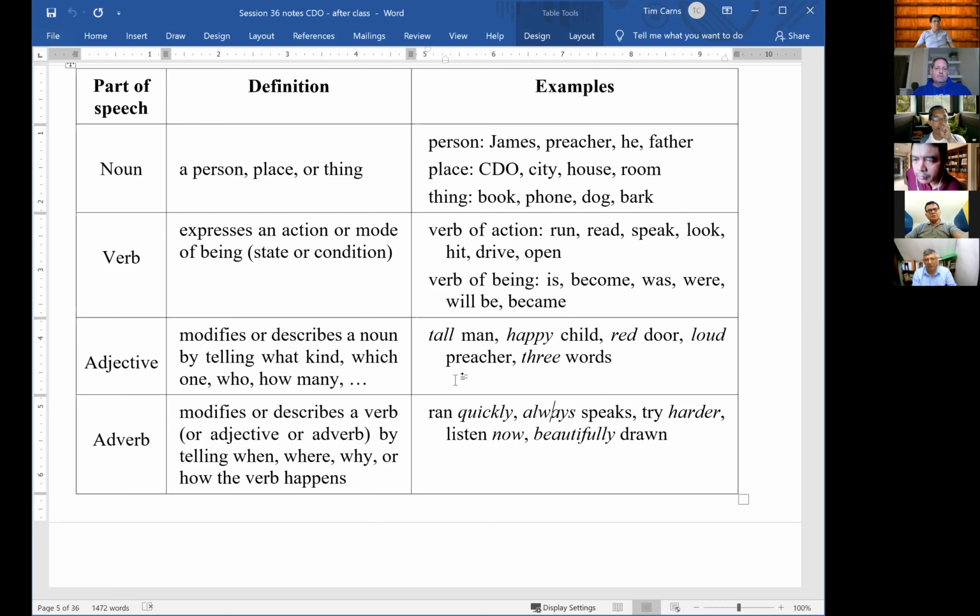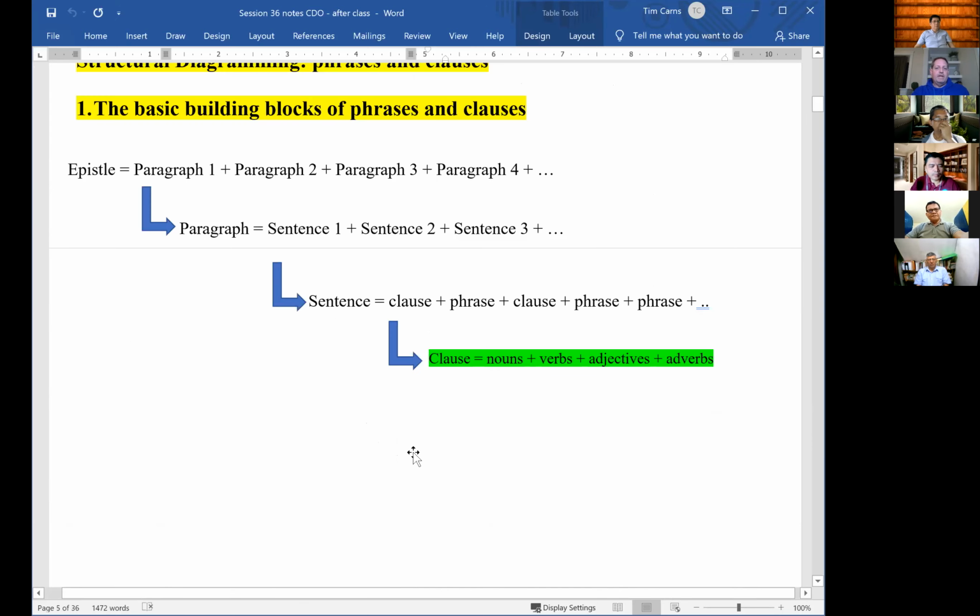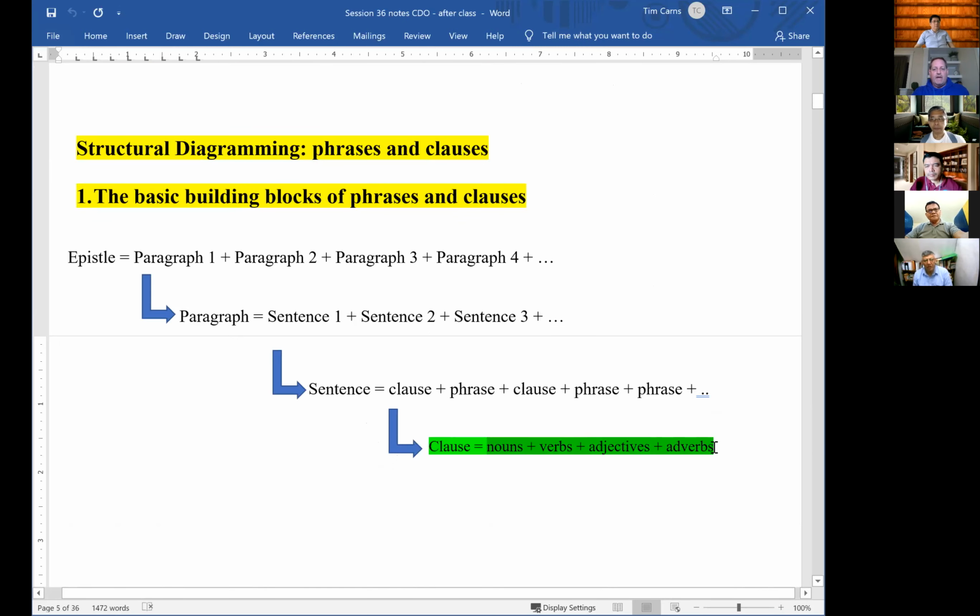Okay, so that's the big picture here, and the big picture has to start with our understanding of the small picture, which is the nuts and bolts. Again, we're back to this. If we can understand how nouns and verbs, adjectives, adverbs work, then we can understand phrases and clauses. If we can understand phrases and clauses, then we understand the sentence. If we understand sentences, that'll take us to the paragraph.